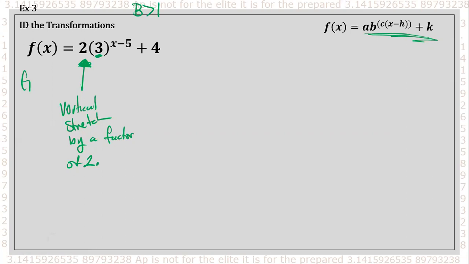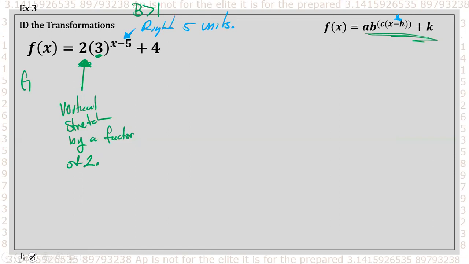If it's a fraction, then it's going to compress it vertically. Okay, this minus 5, this is associated to our h. That's the one that lies to me. I see a negative 5, and in my head, I'm thinking negative, it's going to go left, but it doesn't. It actually goes to the right 5 units.